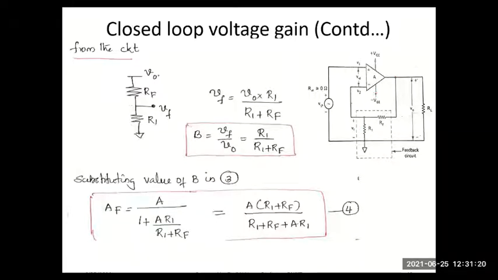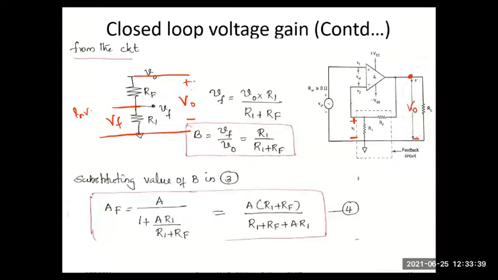So the total voltage appears across the series connection of RF and R1, whereas the feedback which is going to the inverting input, we were discussing the closed loop feedback connection, the non-inverting amplifier.